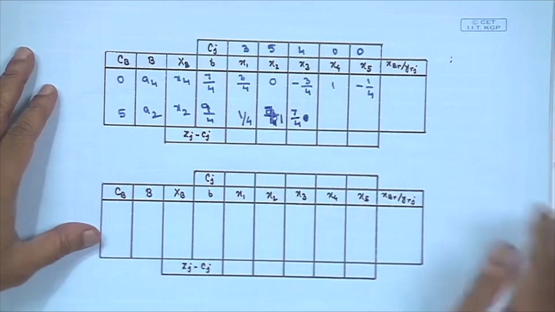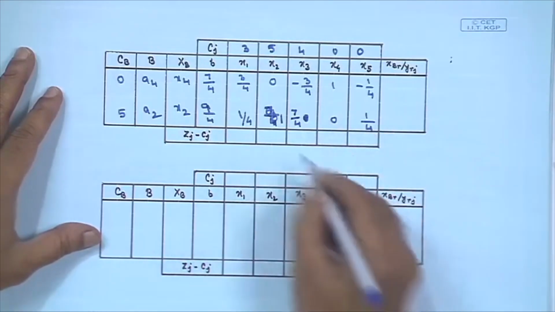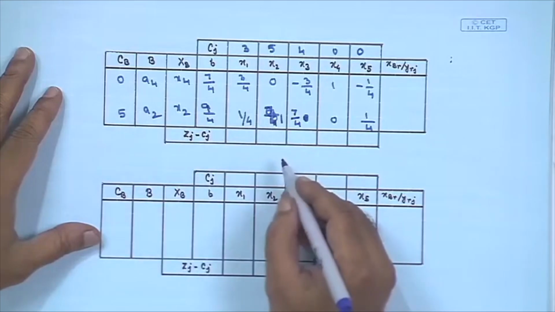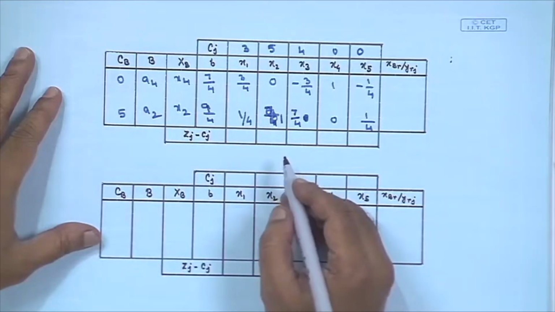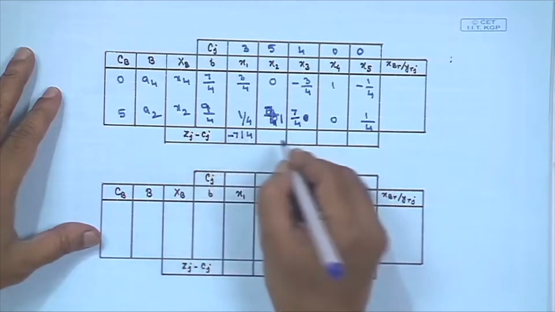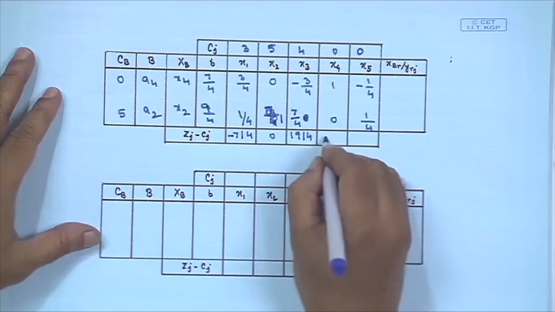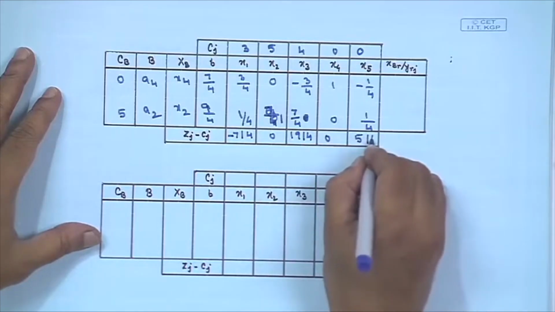So, if you calculate Zj minus Cj, that is Cb into B minus Cj, this will be minus 7 by 4, 0, 19 by 4, 0 and 5 by 4.